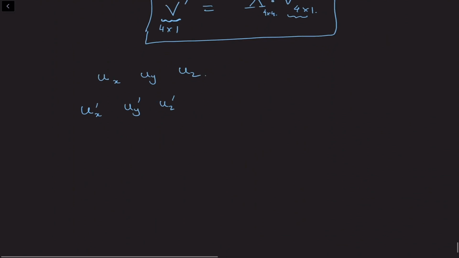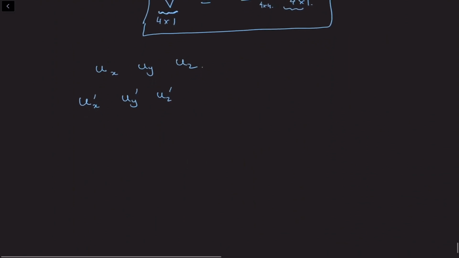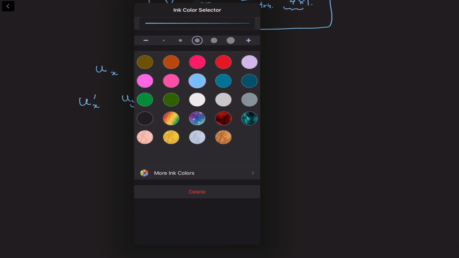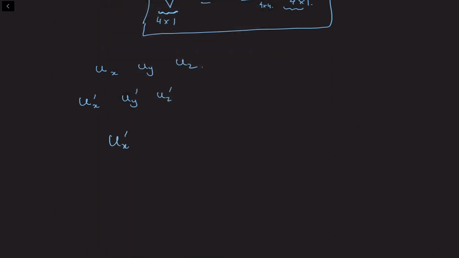So what we had was something like this for ux prime. Again, where observer S prime and observer S are related by a boost along the x-axis, we had ux prime is equal to ux minus v over 1 minus ux v over c square.